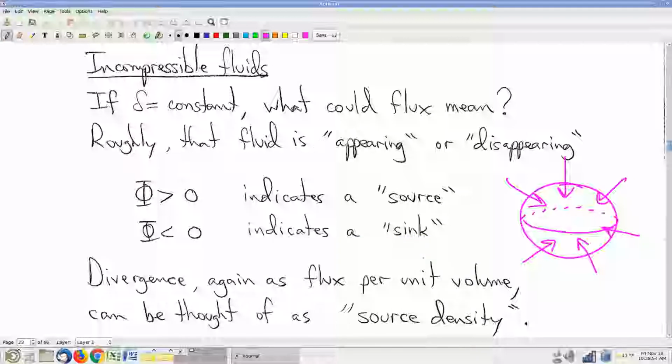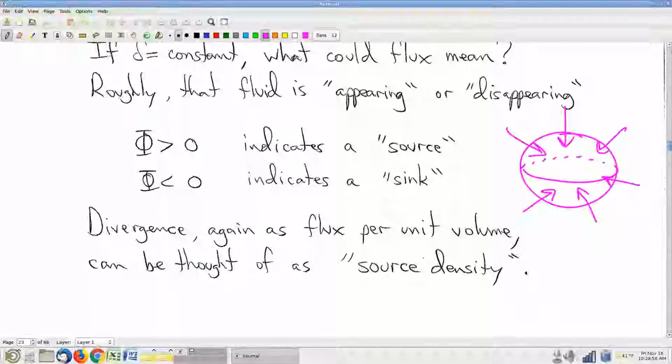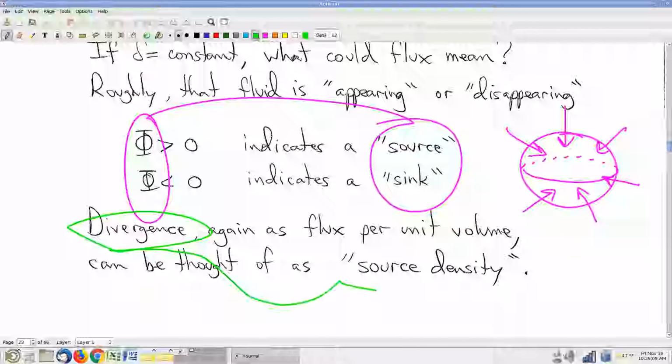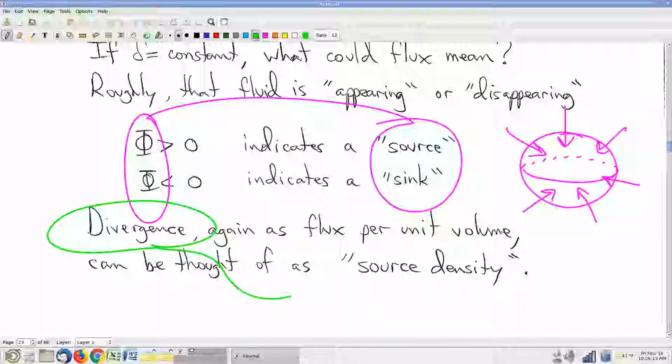So, in the same way that flux represents the amount of source or sink, likewise, divergence is the associated density. You can think of the divergence as being source density or sink density. Okay.